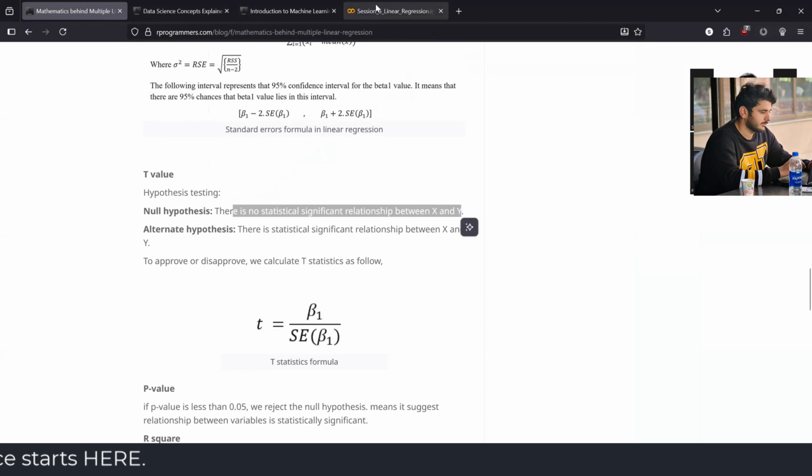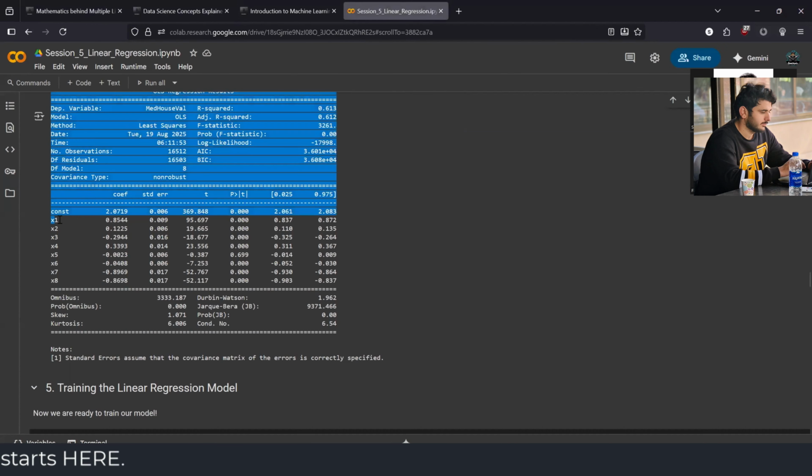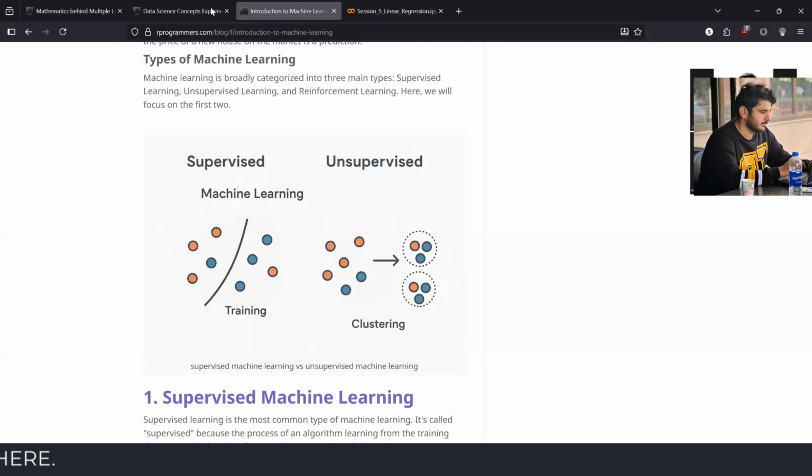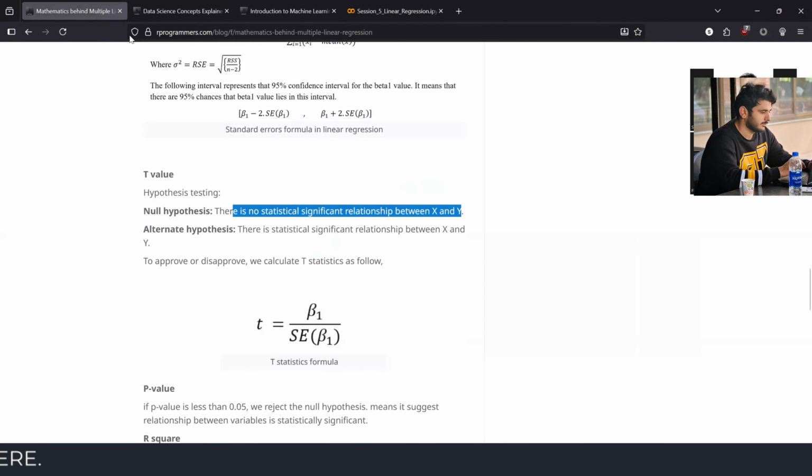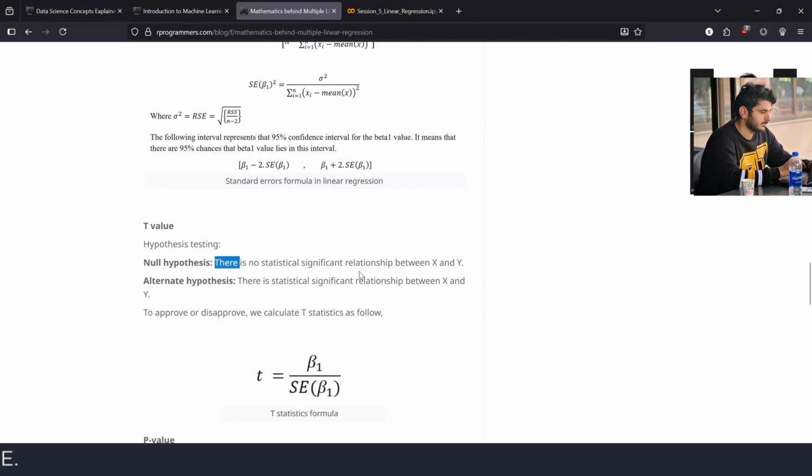Like if we are talking about this table, we are talking about x1, our first independent variable, with the dependent variable median house value. Either it has no relationship with the dependent variable or it has a relationship with the dependent variable, right?